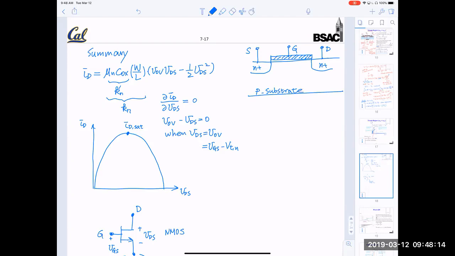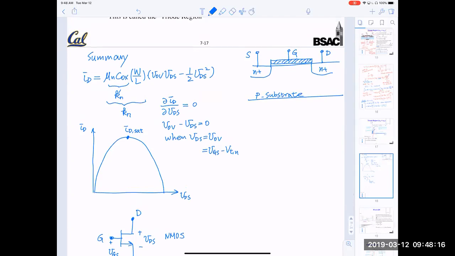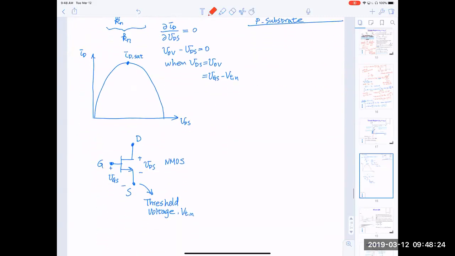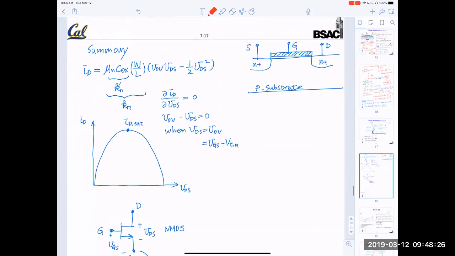And in normal operation, we will bias the gate with a positive voltage to a point that there are a lot of positive charges here. And there will be electrons induced in the channel, okay?